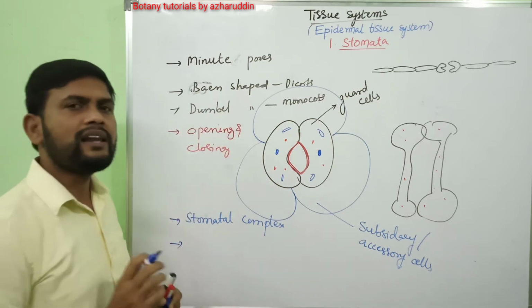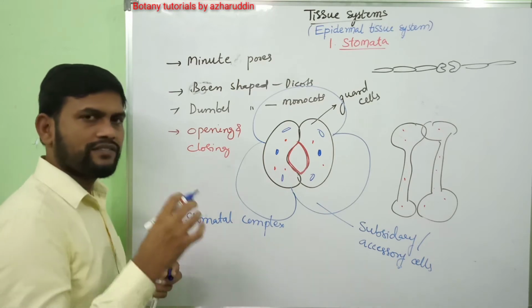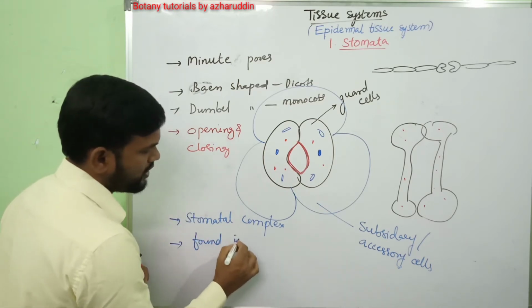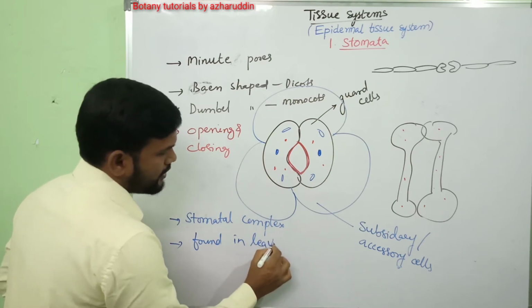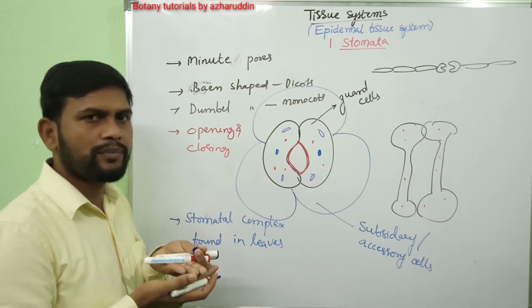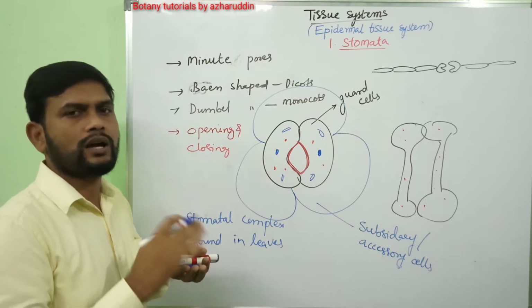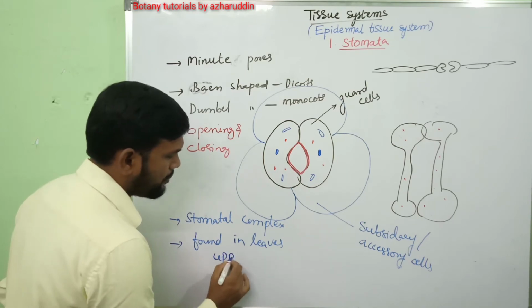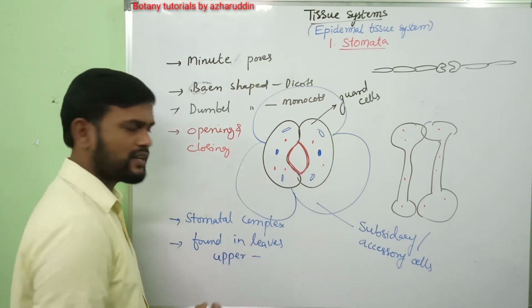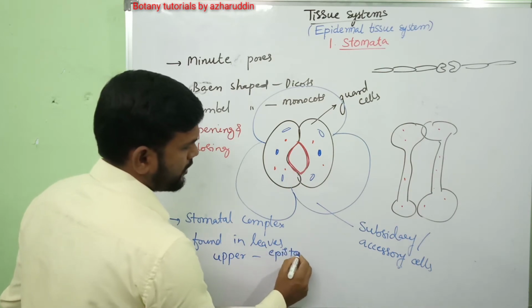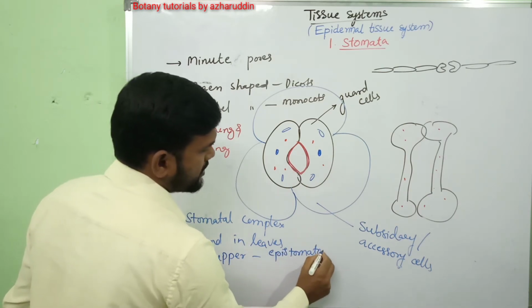Stomata are mainly confined to leaves. Mostly stomata are found in leaves. They may be present in the upper epidermis or lower epidermis, or they may be present on both sides. If the stomata are present in the upper epidermis of the leaf, such leaves are called epistomatous leaves.